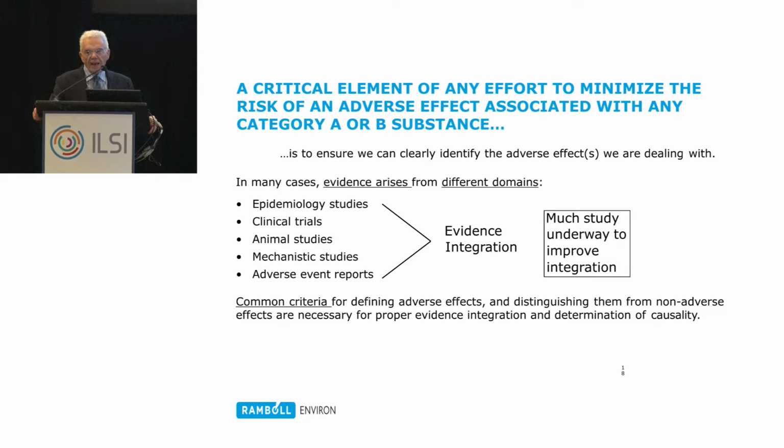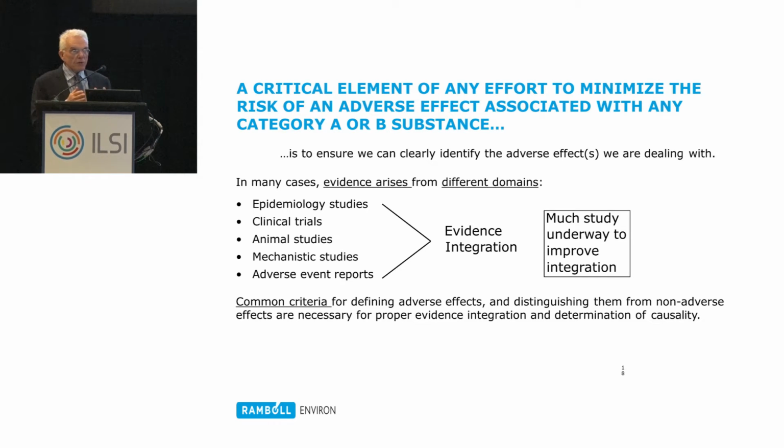Again, we've got different categories of evidence used here, and evidence integration from different sources of evidence, different domains of evidence, is an important topic. It's getting a lot of attention these days in other areas of environmental science. How do you integrate evidence best? And to do that, one thing you need to understand is how the adverse effect is identified and defined in these different areas of evidence.